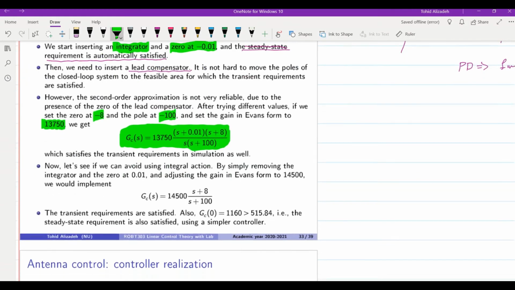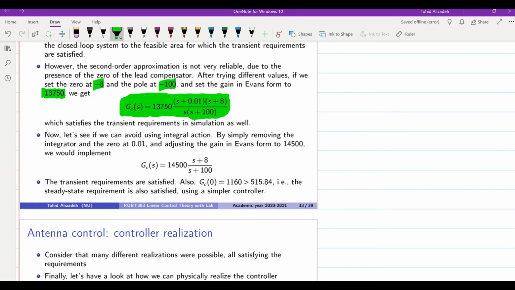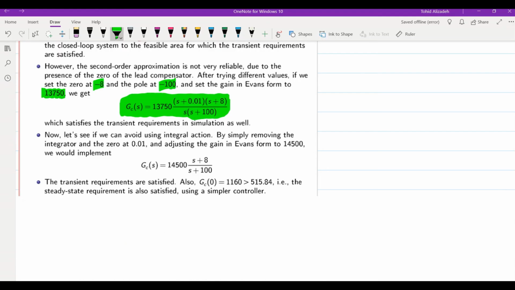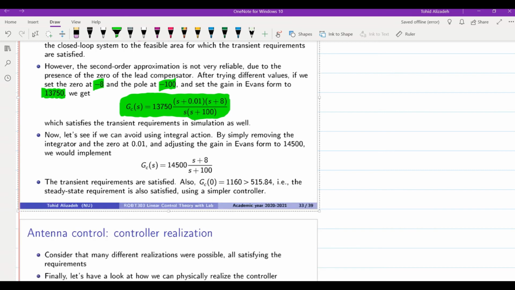Now, as an alternative, we can check if we can avoid using the integral action. If we simply remove the integrator and the 0 which comes with it at -0.01 and then adjust the gain in order to end up with the closed loop poles at the desired area, our controller will have this form.